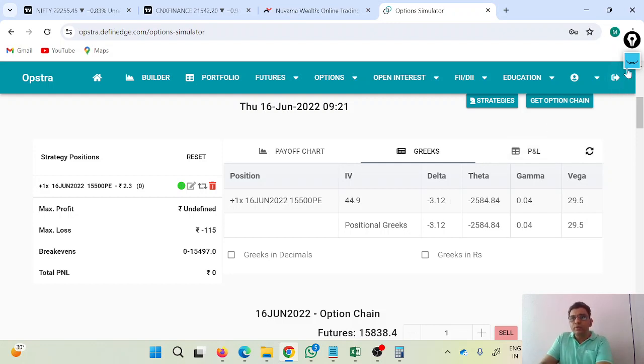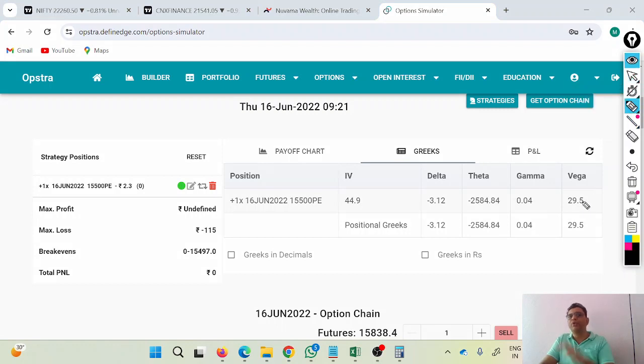So what does the definition of delta tell you, if you do not consider gamma? Whenever Nifty goes down by 100 points, this put option will increase by 3 rupees. It's quite simple.